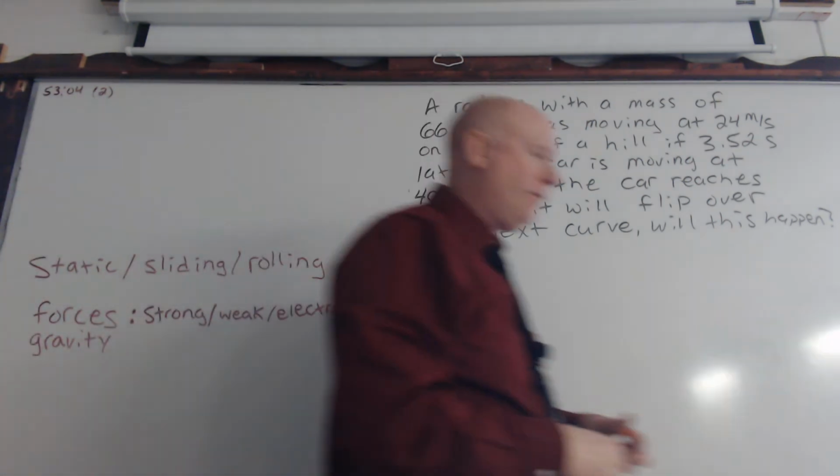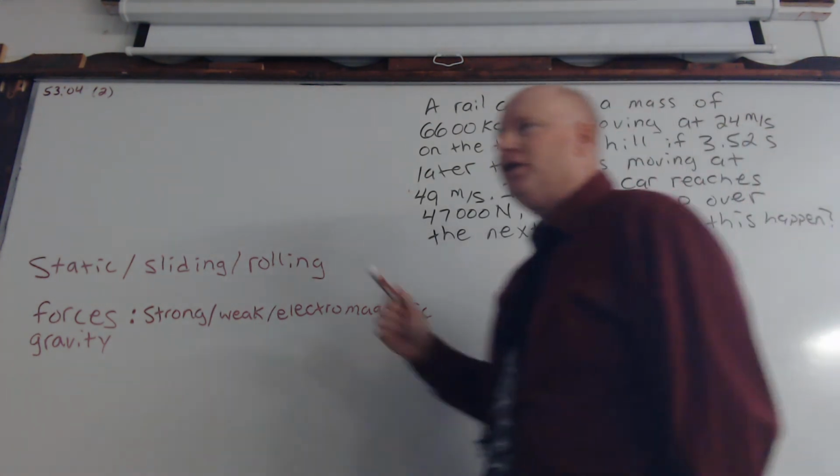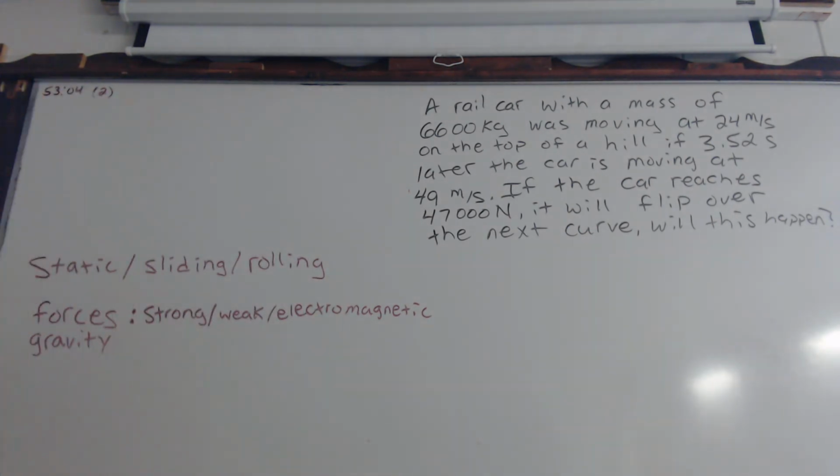Now, we're looking at different types of friction. Your desks right now are in contact with the floor, and they're not moving. They're not going to move until you apply enough force to actually overcome the friction. So if it's not moving, that is static friction.